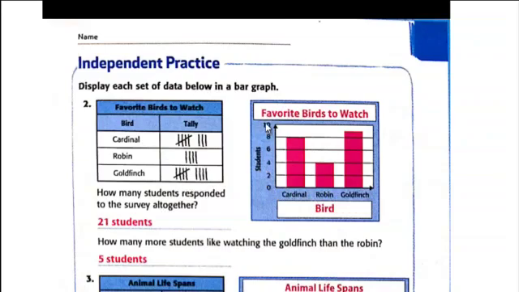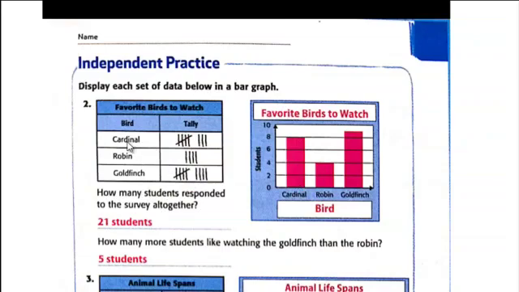And a vertical line includes students. It starts with 0, the least number, and ends with 10, the greatest number in this tally chart. Okay. Third, count the number of tally marks in front of each bird and draw them as a vertical bar.